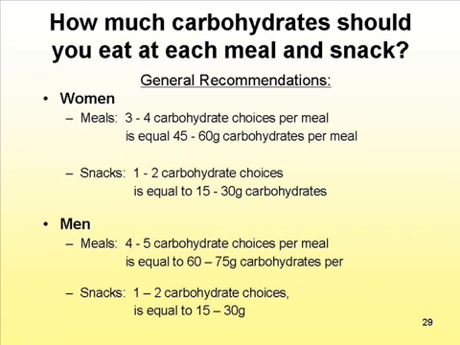Snacks, as you can see, is both for men and women. It's approximately the same amount. The key is consistency. If you're not sure, you can always talk to your dietitian and they can provide more detailed suggestions to meet your personal needs.